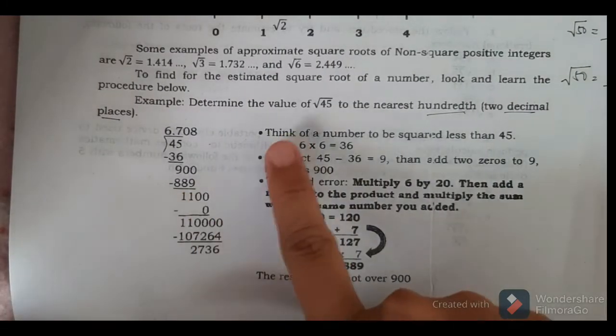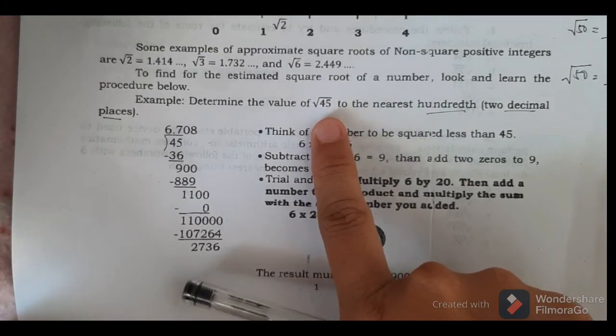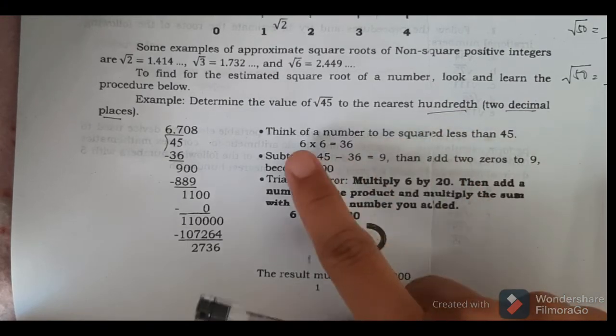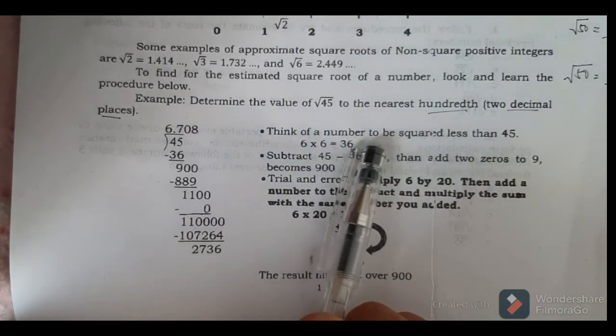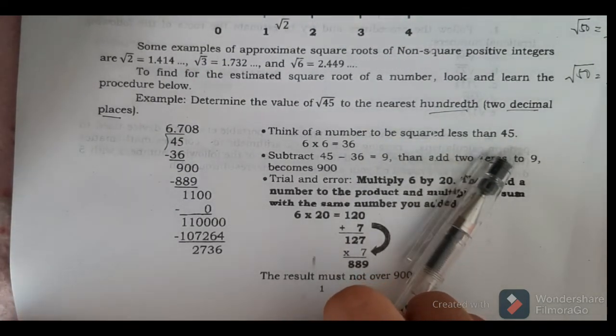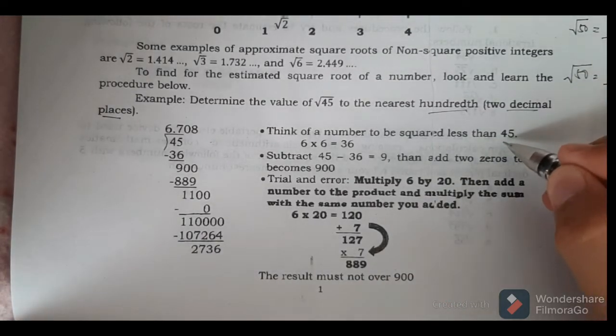So, for our first example, determining the value of square root of 45 to the nearest hundredths. So, when we said hundredths, two decimal places. So square root of 45, una, maghahanap muna tayo ng number na kapag in-square natin is less than 45. And, ano ba yung 2 perfect squares na nasa paligid ng 45?